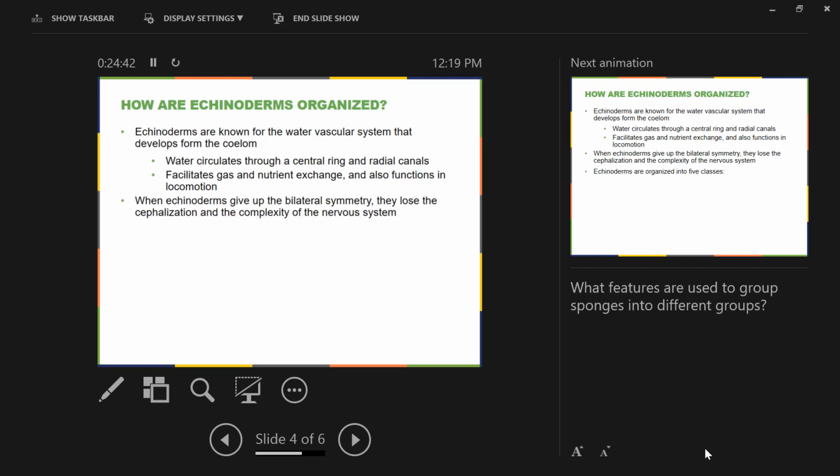So when they give up bilateral symmetry, they lose cephalization. That's something we talked about before, having a defined head region that goes hand in hand with bilateral symmetry. So if you give up bilateral symmetry, you give up cephalization. So sea stars do not have a head.